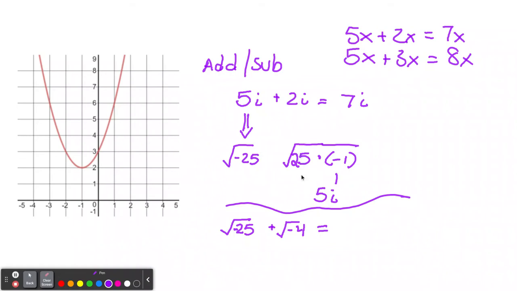The square root of 25 gives us the 5. So here, the square root of negative 25, we already know that answer. We already know that that's 5i. But what is the square root of negative 4? How do we break that down? Well, 4 times the square root of negative 1, which will be 2i. So 5i plus 2i is 7i.